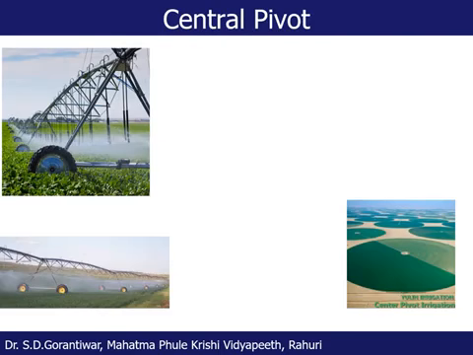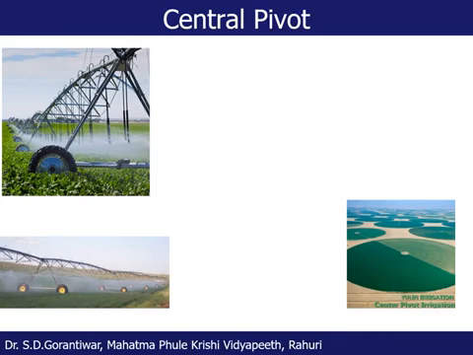And the last, in the case of the sprinkler irrigation method, is the central pivot irrigation system. Now this irrigation system is practiced in USA, Australia, Brazil, some countries in Africa, but not in a country like India. Basically in this method, there is one long arm, as you see in the photograph on top, and the sprinklers are mounted in such a way that they are facing towards the land surface.